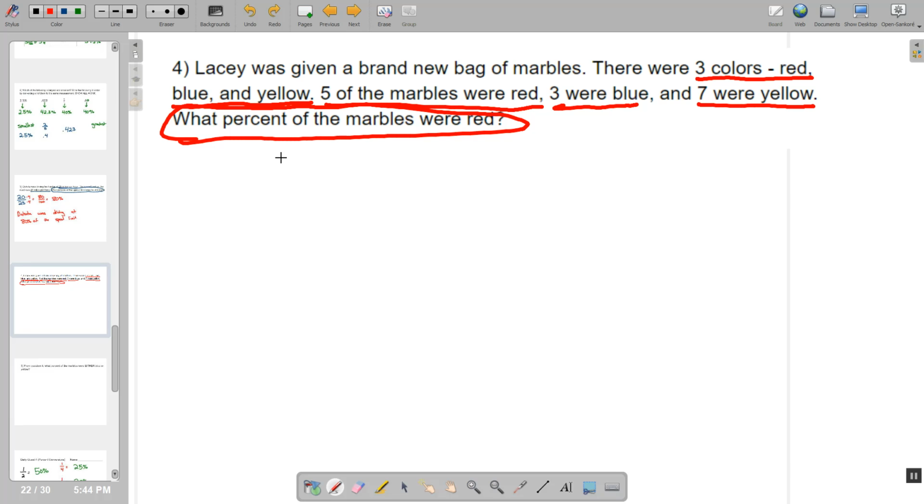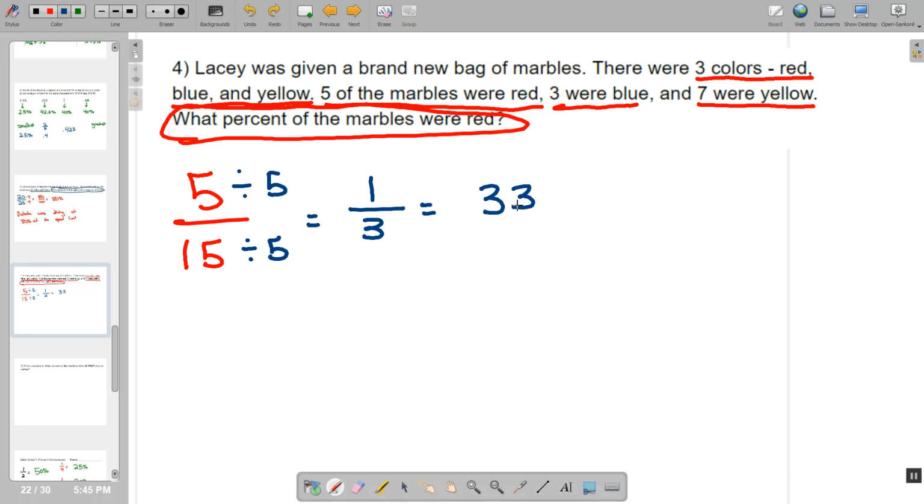So in this case, we have 5 of the marbles were red, and we need to figure out how many total marbles there were, which there were 3 blue and 7 yellow, so that would be 10 others. 5 plus 10 is 15. We can simplify this fraction by dividing by 5, and I get 1/3. 1/3 is one of these fractions to decimals that we were supposed to have memorized, which is 33% about.